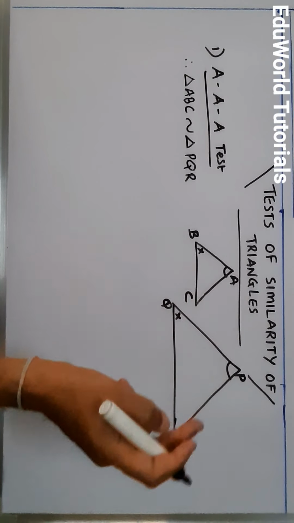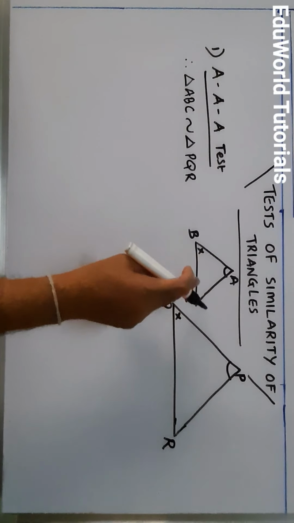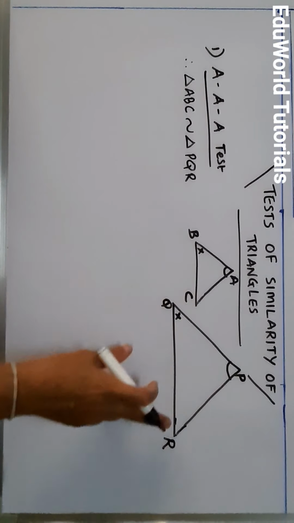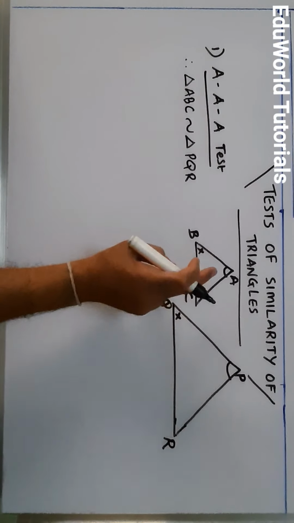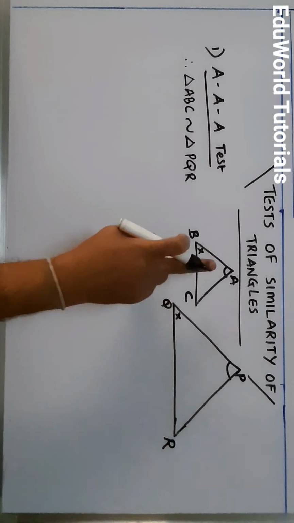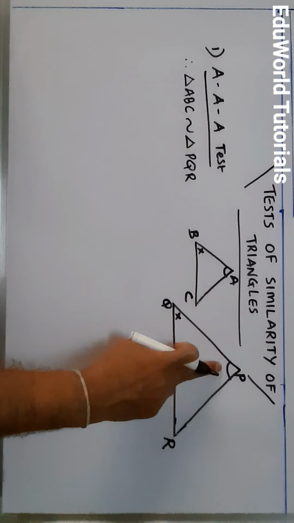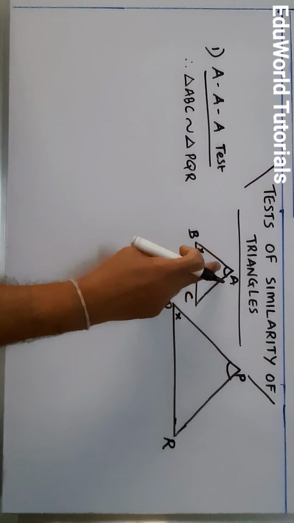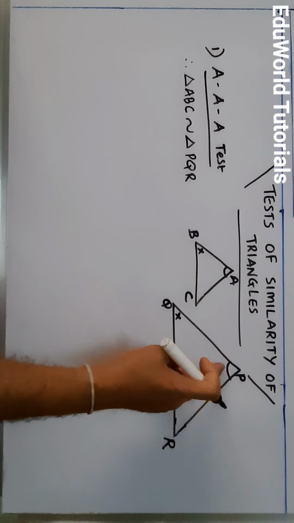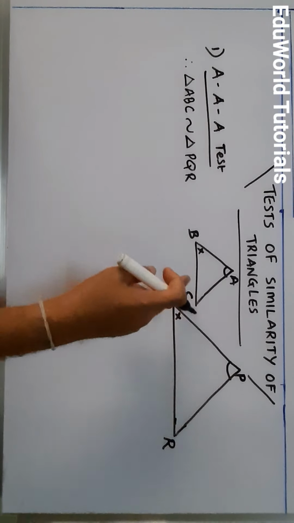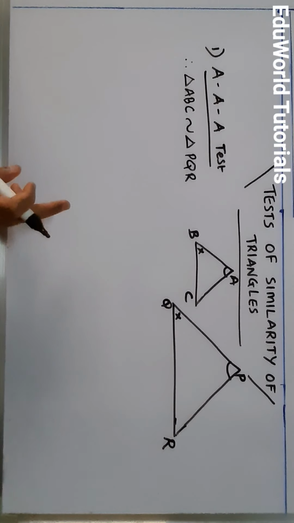The third angle will automatically be congruent, angle C congruent to angle R. Why? Because the sum of all angles of a triangle is 180 degrees. If this is 70 degrees and this is 60 degrees, 70 plus 60 is 130, so this angle has to be 50 degrees, and this is also 50 degrees. Therefore, the third angles will automatically be congruent.